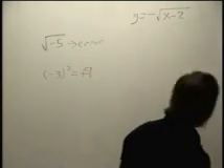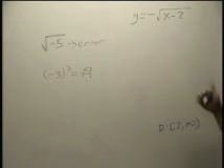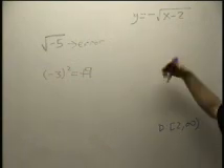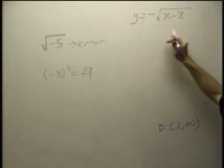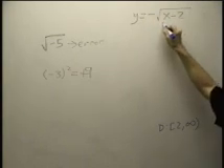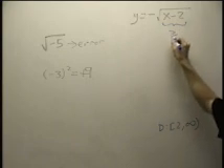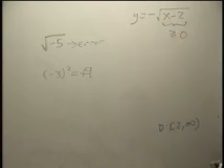So whenever we see a square root occurring in an equation for a function or a relation, then we know whatever we're taking the square root of has to be greater than or equal to 0. It has to be non-negative.